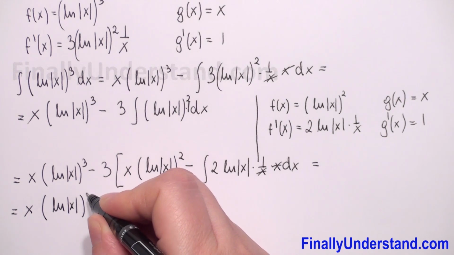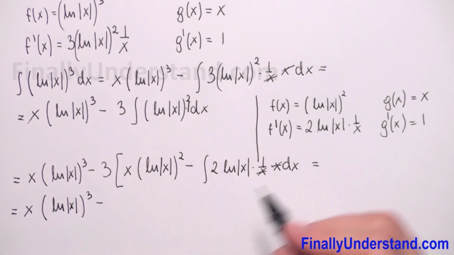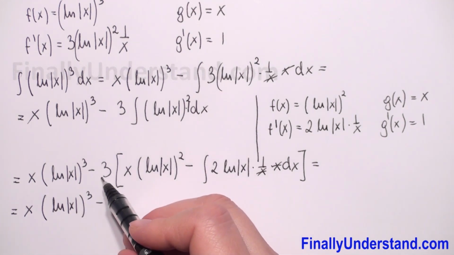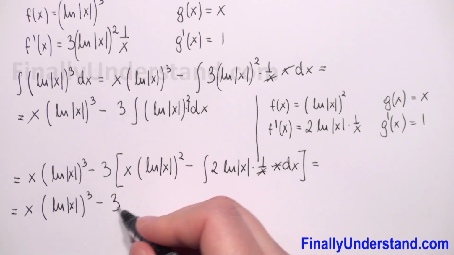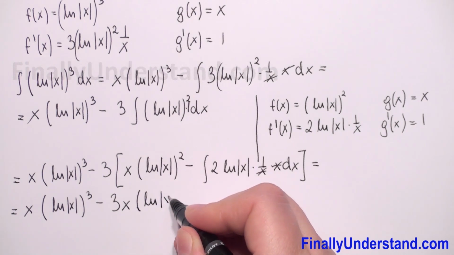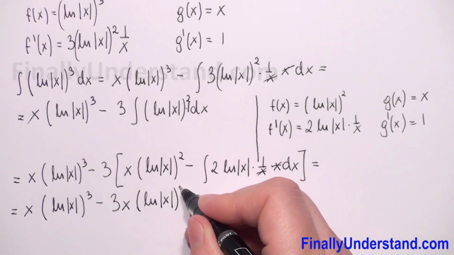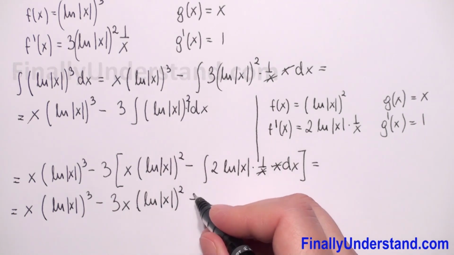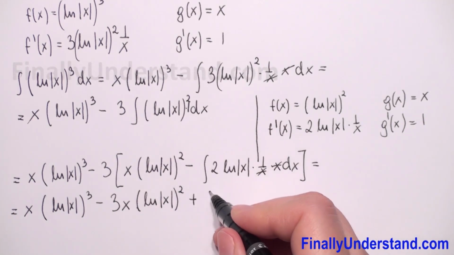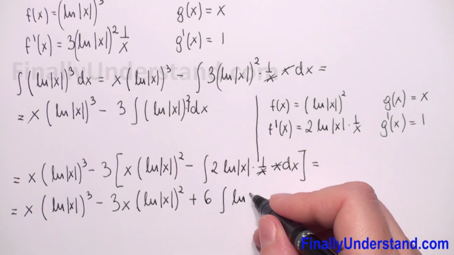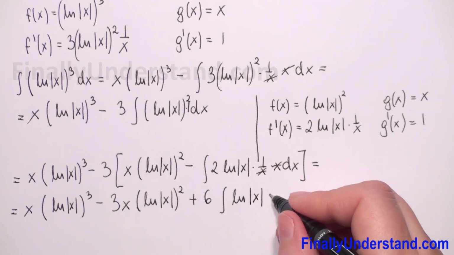Again, x and x we can reduce, and we have x times the cube of the natural logarithm of the absolute value of x minus, I forgot to close brackets, we have to multiply by negative 3 every expression in brackets. So negative times positive will be negative 3x times the natural logarithm of the absolute value of x, squared, minus, and negative gives us positive, 3 times 2 will be 6, and we have the integral of the natural logarithm of the absolute value of x with respect to x.